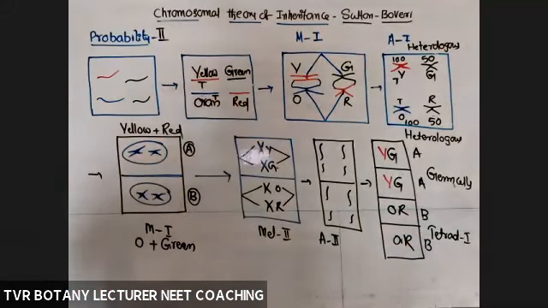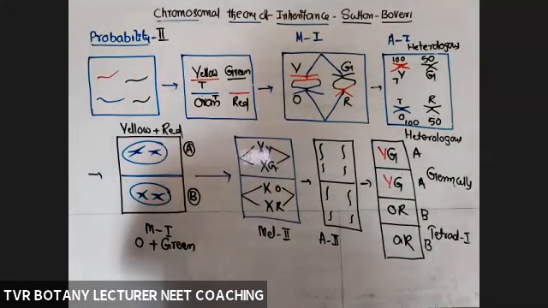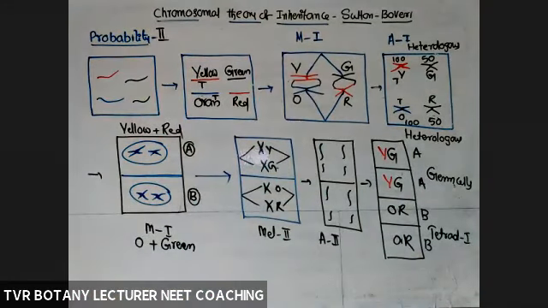Two probabilities they explained. Okay, right? So that's about independent assortment during anaphase 1. During anaphase 1, chromosomes present in a bivalent are separated from each other.